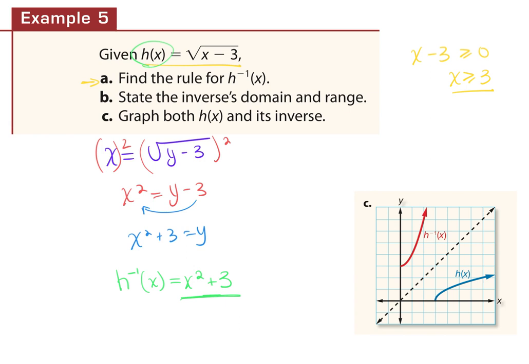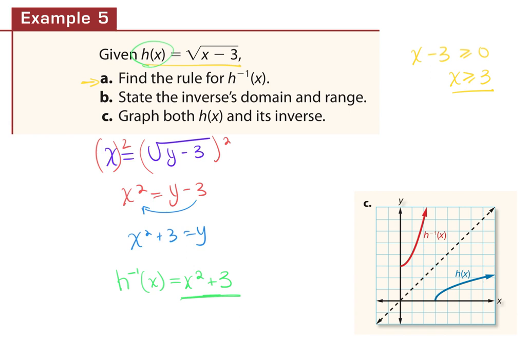So here, my domain was that it could not be less than 3. Here, you'll see that it restricts it to x cannot be less than 0 now, all right? You'll see that now my x and y's switched places.